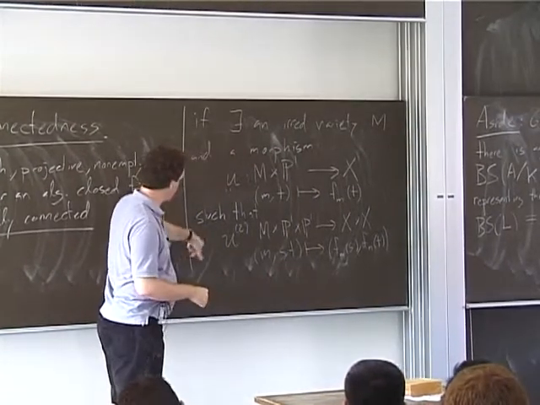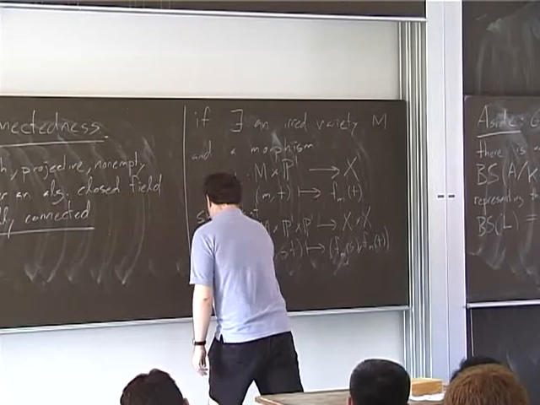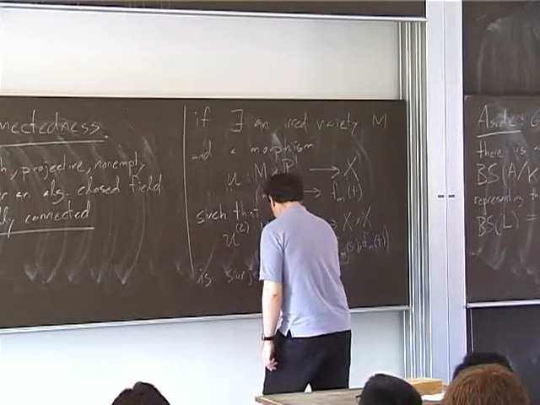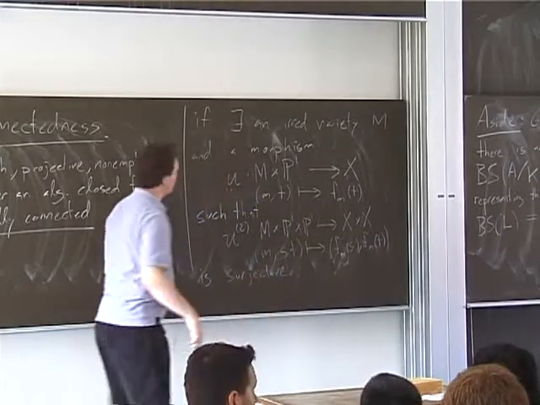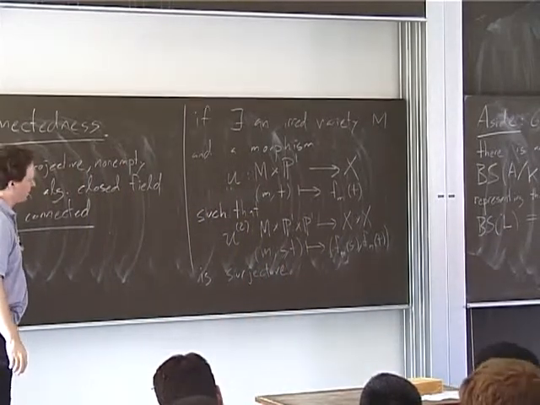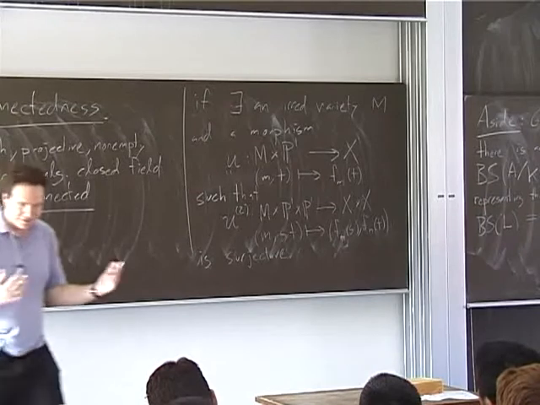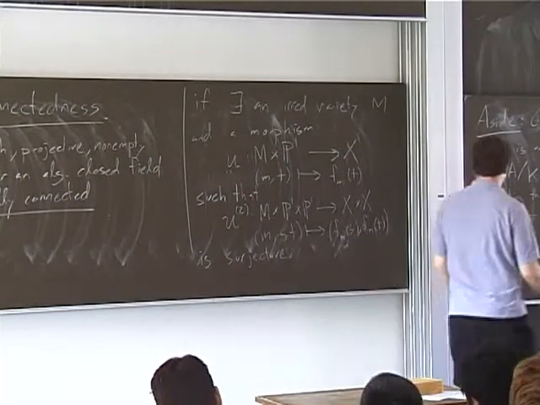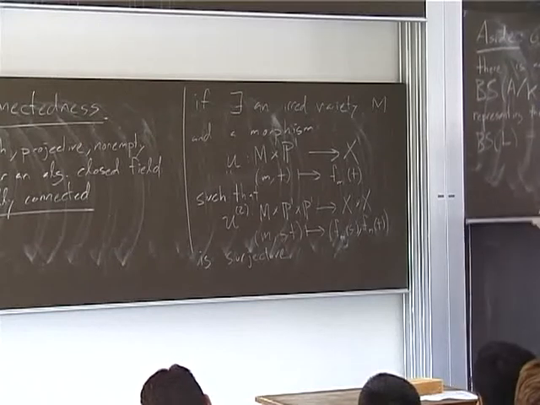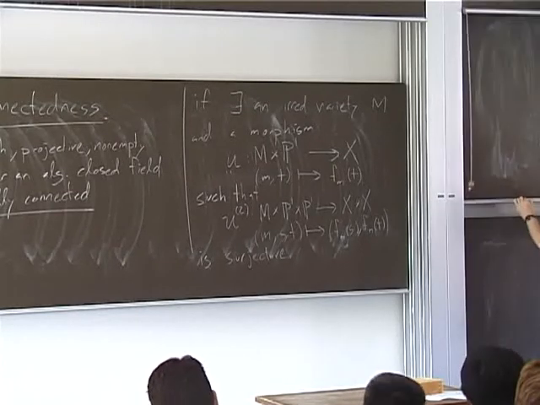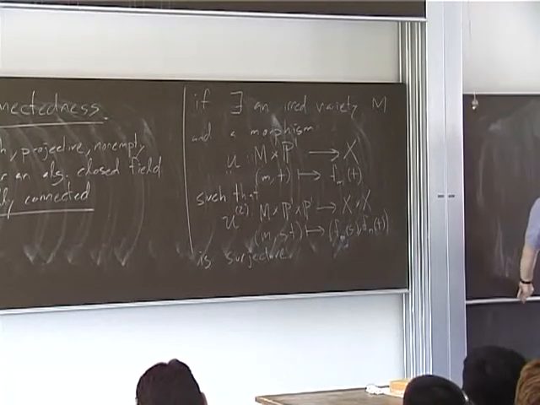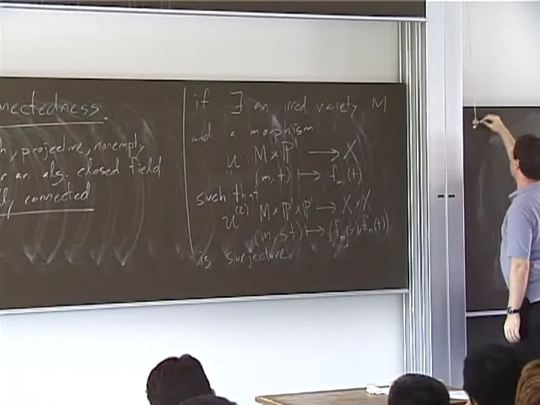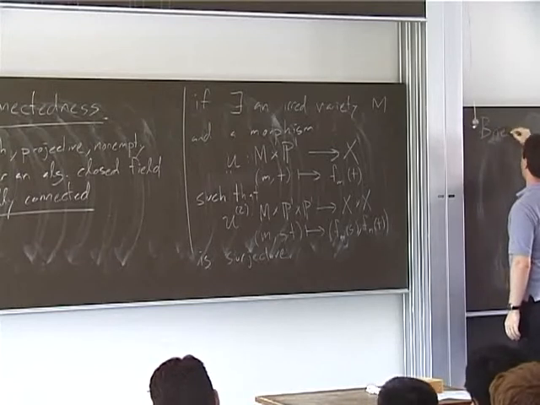And the condition is that this map is surjective. This is a convoluted way of saying something very simple. Let me say it slightly falsely, but the way that people think about this is that for every pair of points in X, there exists a rational curve in X containing that pair of points. That's the short version that's not quite accurate.